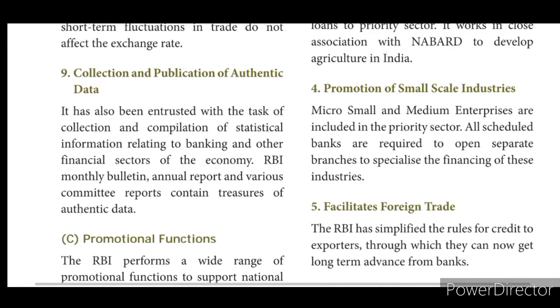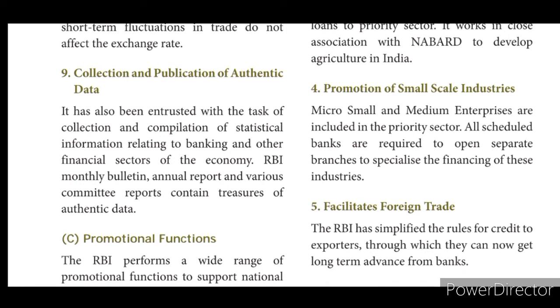Next, collection and publication of authentic data. What is that? The RBI has been entrusted with the task of collection and compilation of statistical information relating to banking and other financial sectors of the economy.